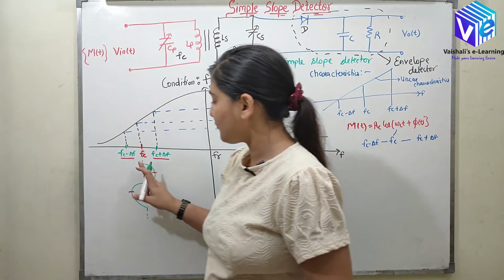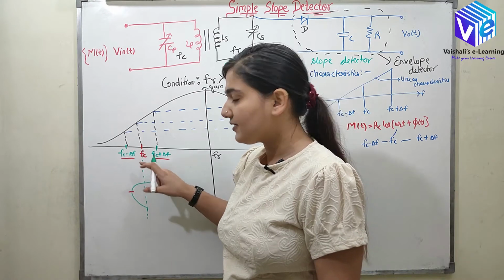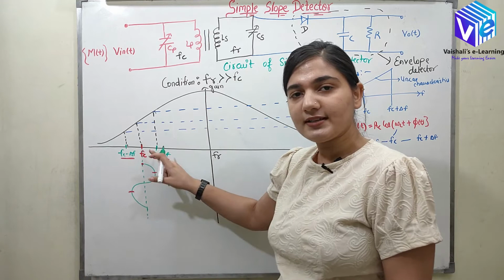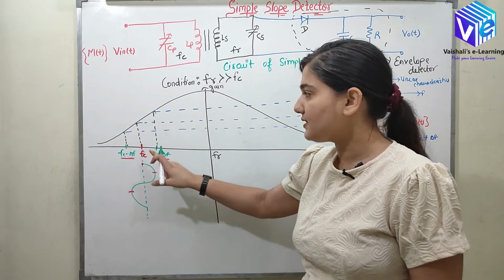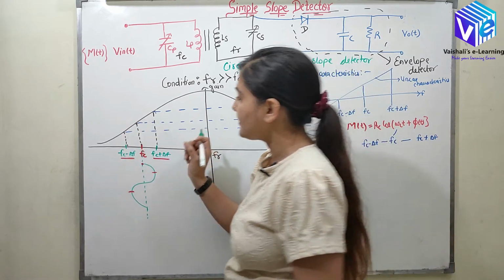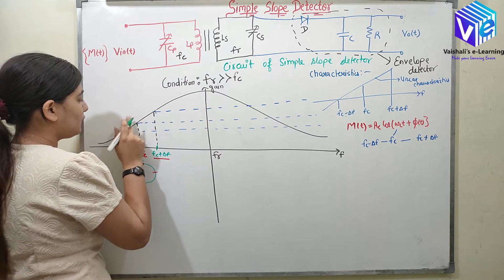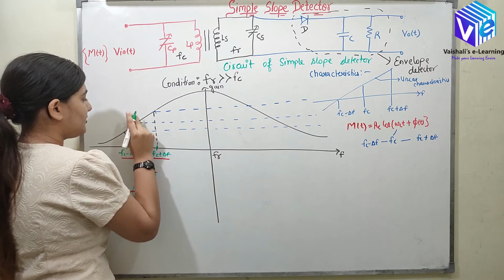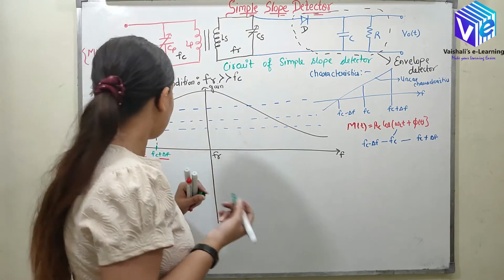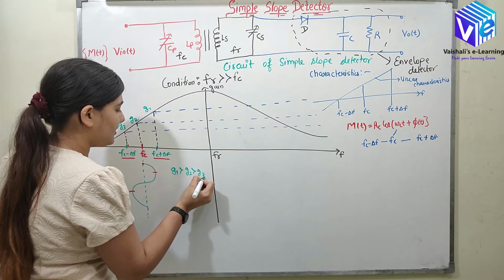Here this was my message signal. When the message signal had zero voltage, the modulated signal was represented by the carrier frequency, which will have some gain. Let's suppose this gain is G2, this is G1 and this is G3. So G1 is greater than G2, which is greater than G3.